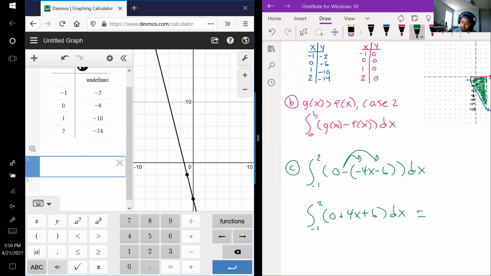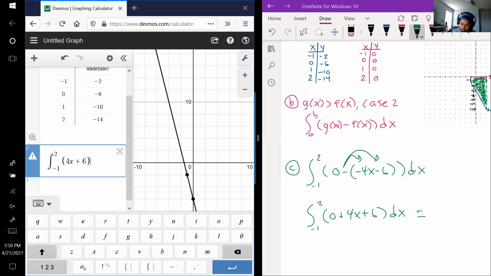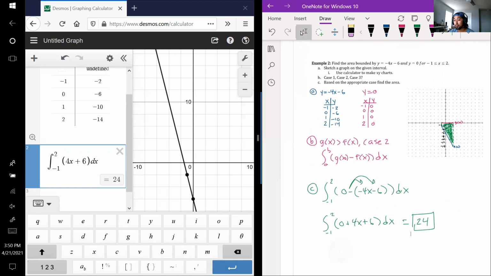So when I type this integral in, I'm just going to say the integral from -1 to 2 of 4x plus 6 with respect to x. And we get that the area is 24. Boom. There we go.